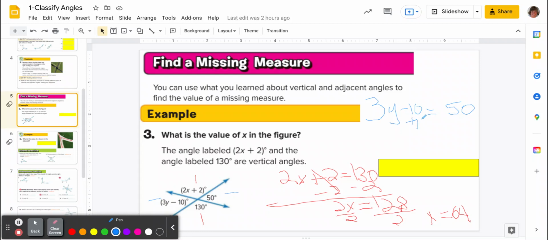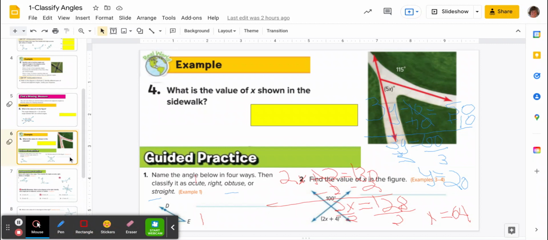I'm going to solve this, and I have plus 10, and plus 10. My 10s cancel out. I have 3y equals 60. That is a multiplication problem, so I will divide both sides by 3. A little bit of messy writing there. And so I end up with y equals 20. All right. And let's continue on.